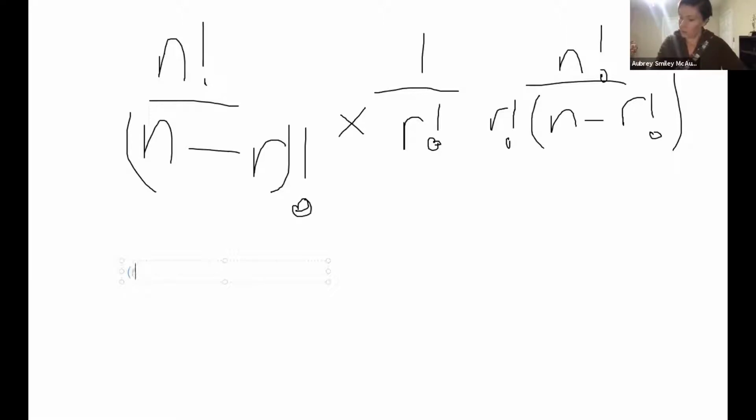So n choose r with replacement is the same as r plus n minus 1 factorial divided by r factorial times n minus 1 factorial.